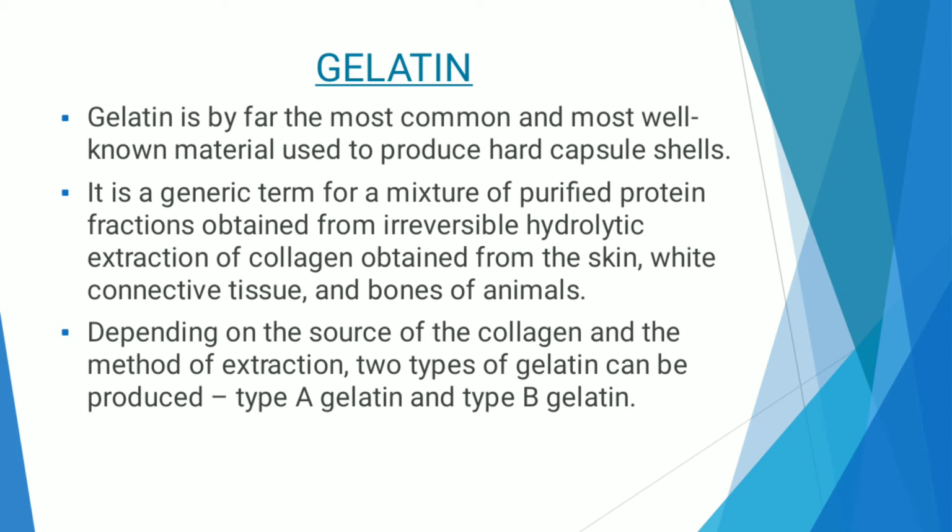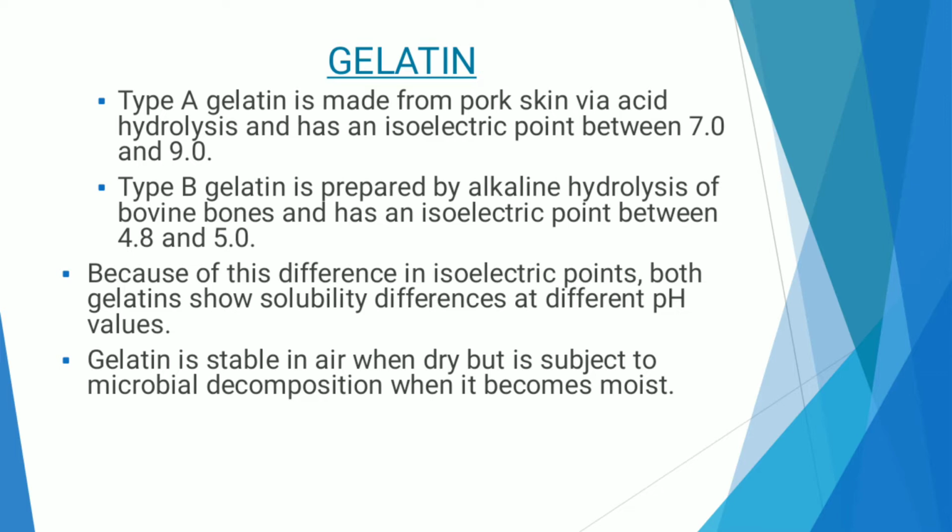Depending on the source of collagen and the method of extraction, two types of gelatin can be produced, that is type A gelatin and type B gelatin. Type A gelatin is made from pork skin via acid hydrolysis and has an isoelectric point between 7 and 9, whereas type B gelatin is prepared by alkaline hydrolysis of bovine bones and has an isoelectric point between 4.8 and 5.